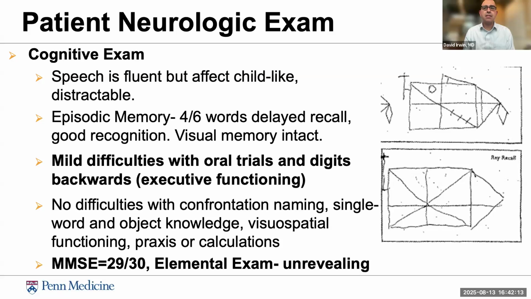Other specific aspects of the language exam, including naming and single word and object knowledge, visual spatial functioning, as you could see in this constructional task, and the copy and praxis calculations were all within normal limits. The global Mini-Mental score was 29 out of 30, which would be normal despite these difficulties, and the elemental exam was unrevealing.